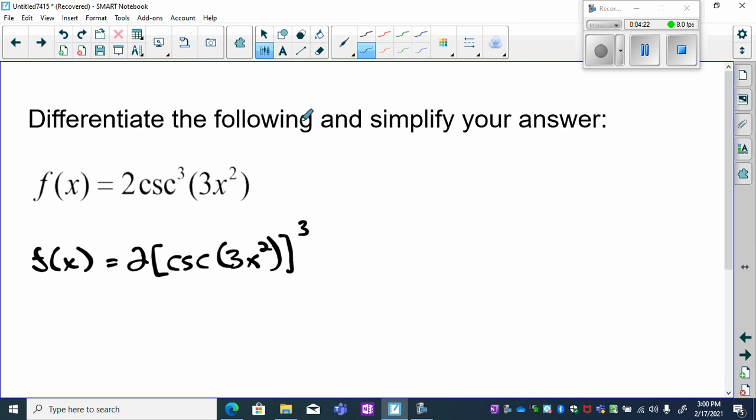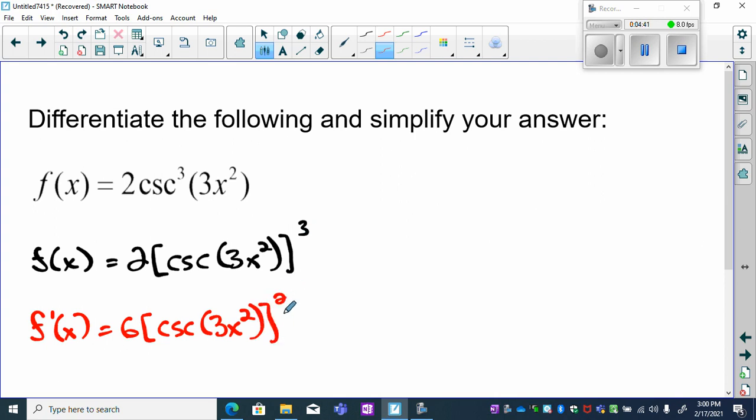Okay, that's how you would write that. And when I do the derivative, now I'm going to use my chain rule. 3 times 2 would give me 6. I'll rewrite the bracket, cosecant 3x squared, reduce the exponent by 1 to the power of 2.